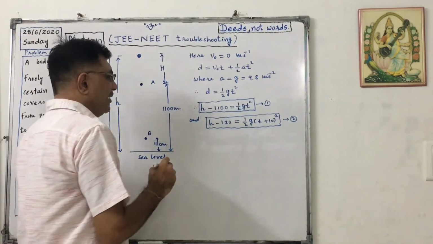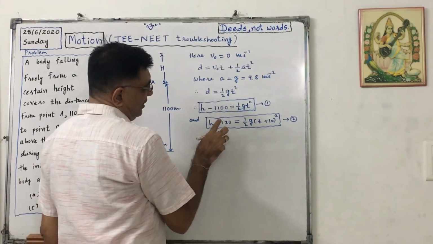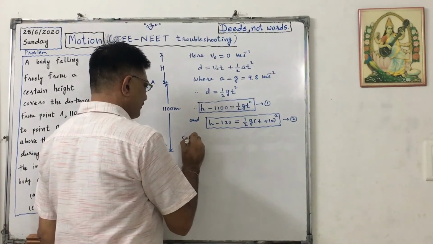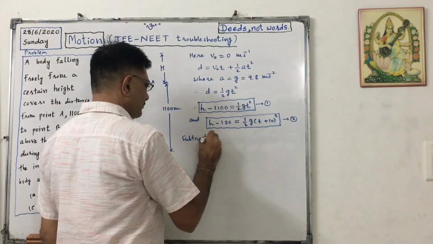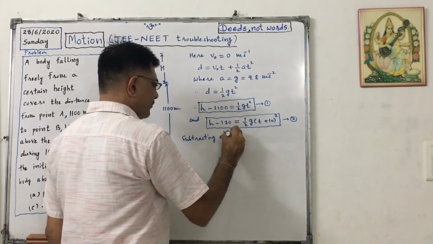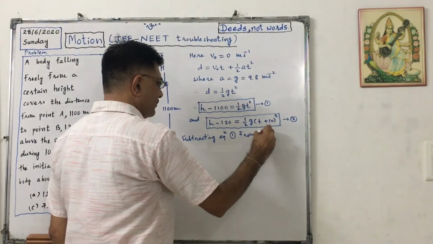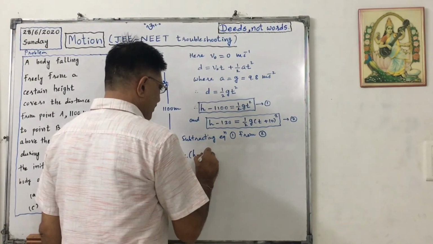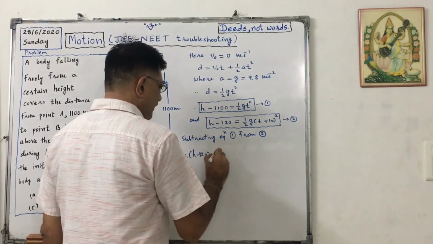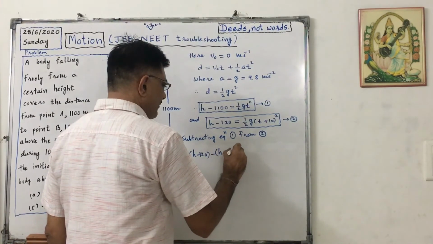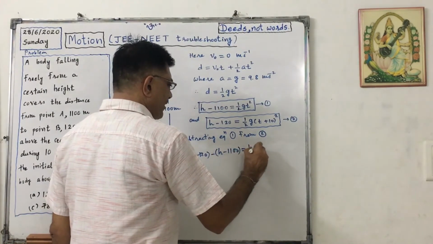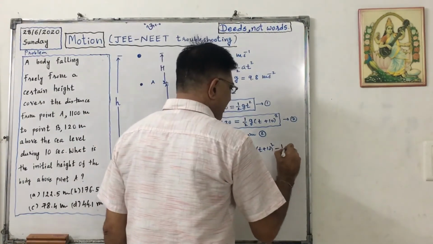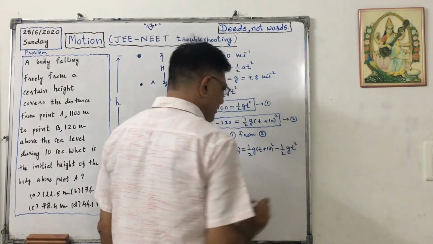Now, subtracting equation 1 from 2. h minus 120 minus (h minus 1100) equals half g into (t plus 10) whole square minus half g t square.